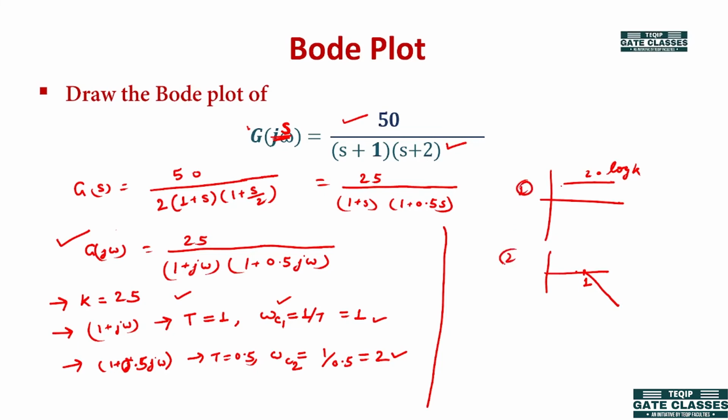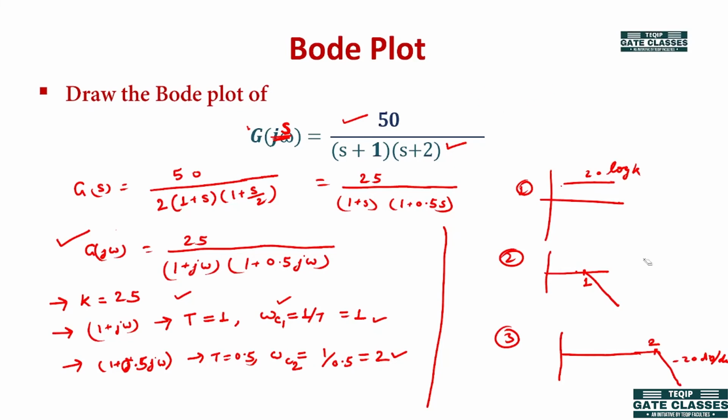For the second factor the slope is 0 dB till the frequency reaches 2, and then we have a slope of minus 20 dB per decade. So while combining all those graphs, how can we draw the plot?